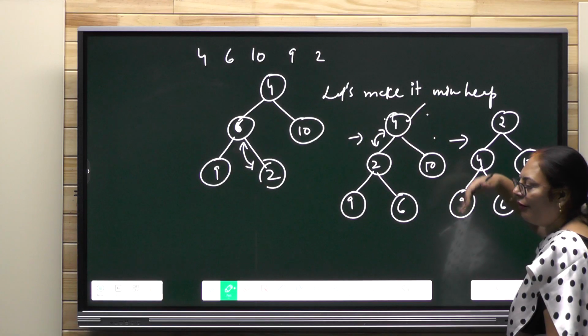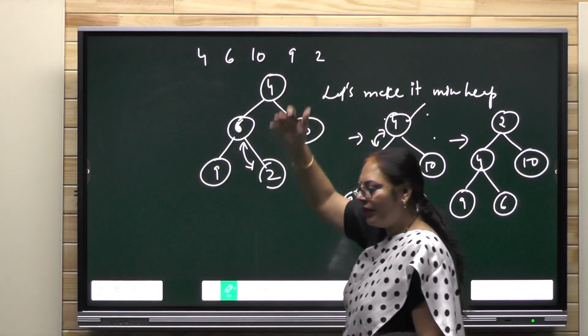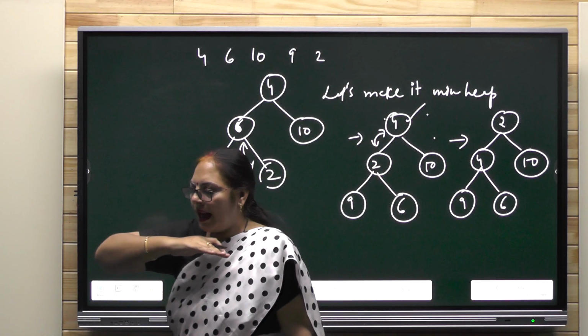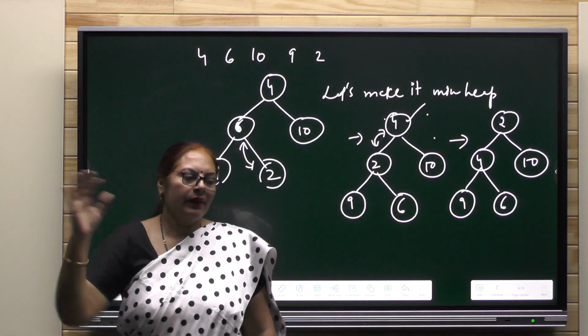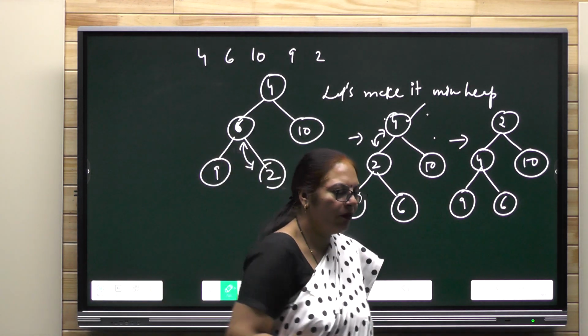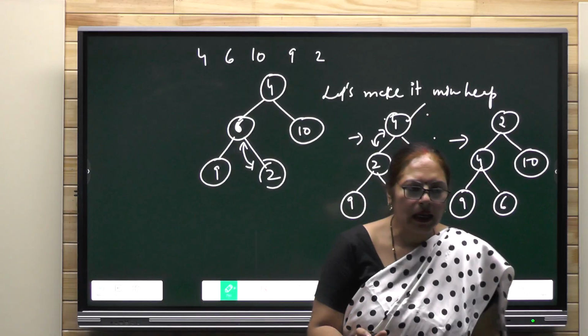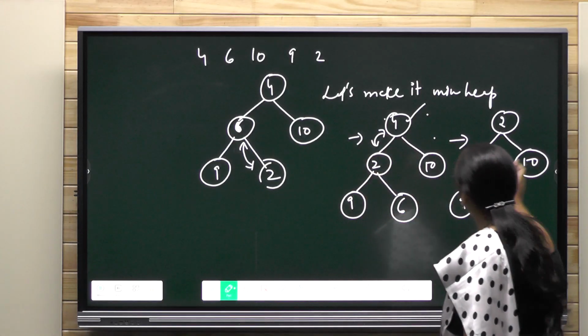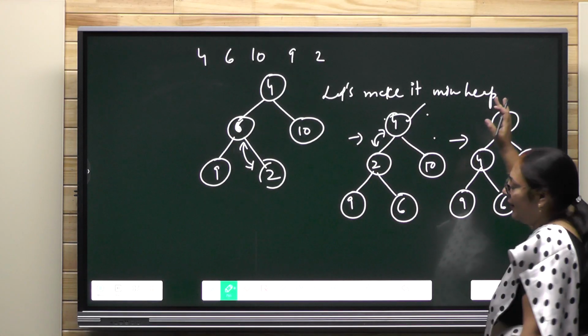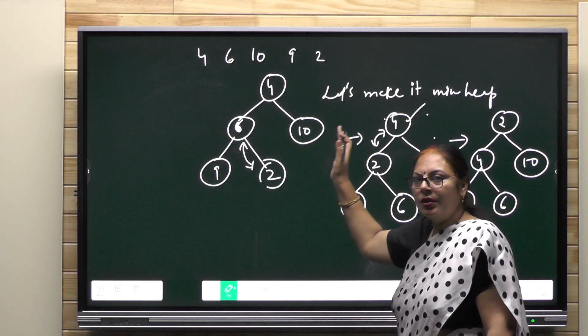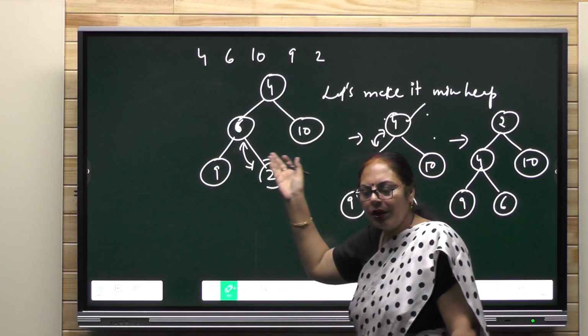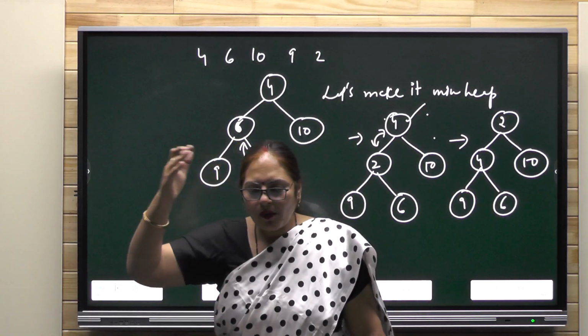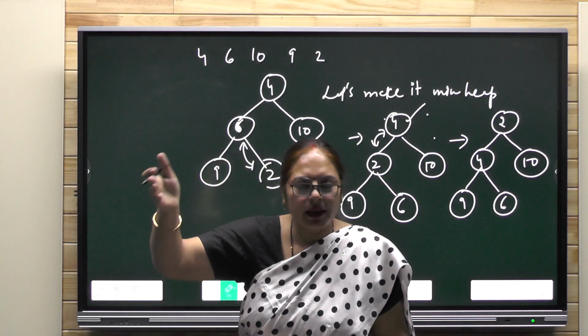Now we have finished all the levels. We started from the last level and have reached the first level, so the heap we were going to create is done. Now if you see here, the smallest element is sitting at the root. That will always happen when we create a min heap: the smallest element of all the nodes will be sitting at the root node.